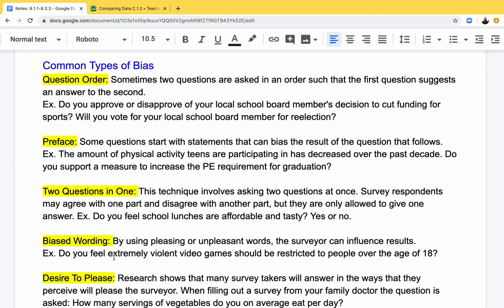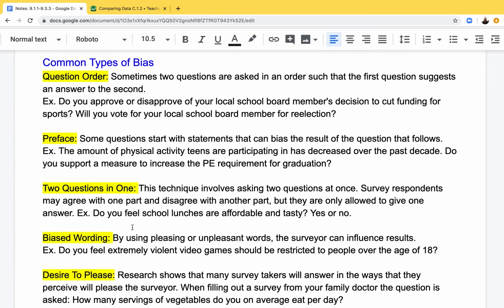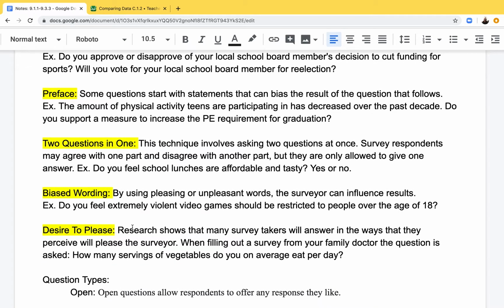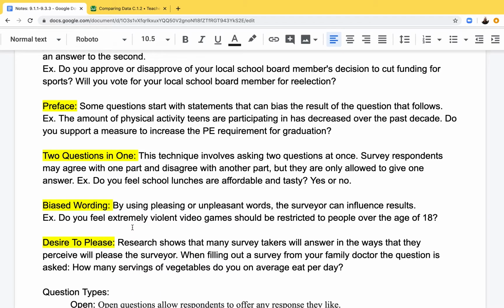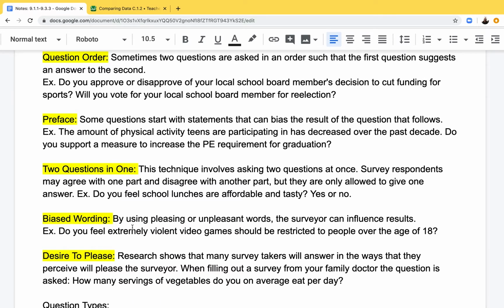You can access this document, it'll be shared with you, and you can also do the Desmos activity and then learn about these a little bit more and have a chance to experiment with creating this type of bias. So question order, preface, 2 questions in one, biased wording, and a desire to please are all types of bias that can influence how someone answers a question. And like I said, this could be knowingly, a survey designed to sway people to answer a certain way, and it might be unknowingly.